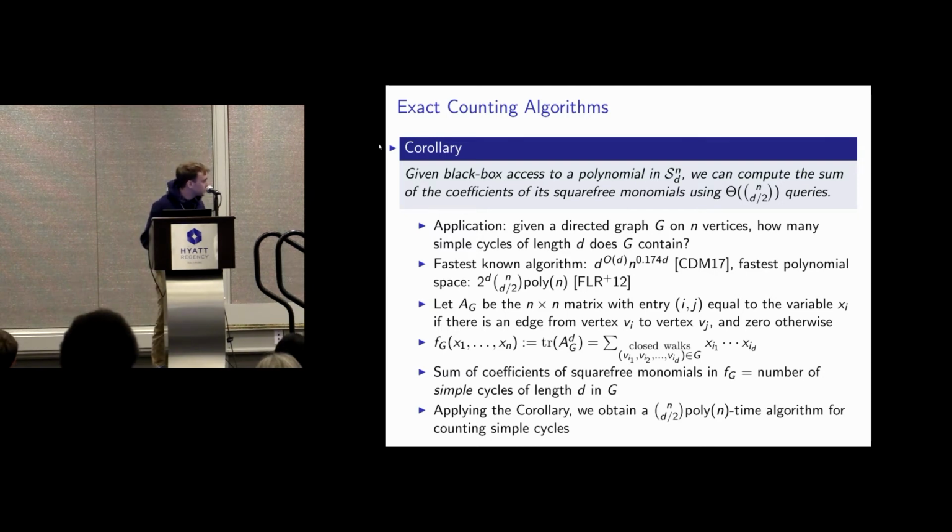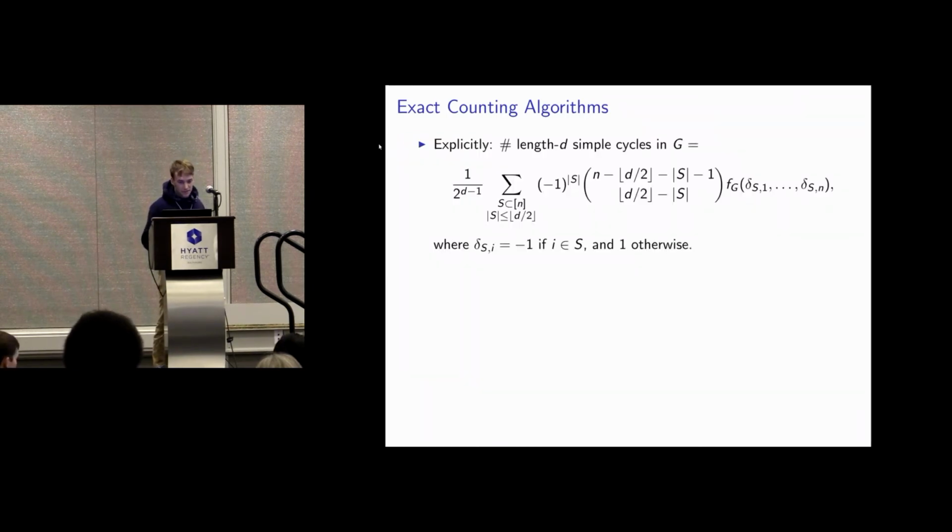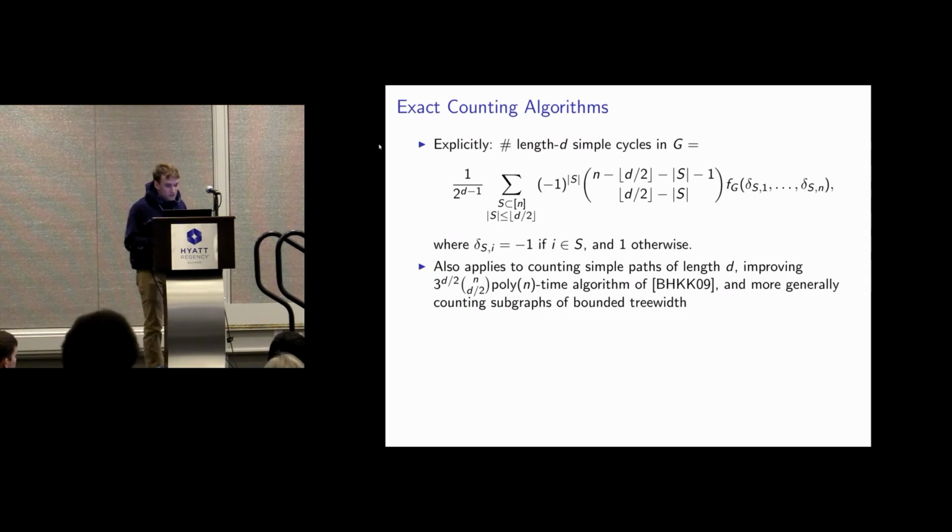So the algorithm is extremely simple, and this is the whole algorithm. So you just have to compute this simple linear combination of evaluations of this polynomial f sub G. And this extends to other problems like counting simple paths of length d and even counting subgraphs of bounded tree width in a graph.